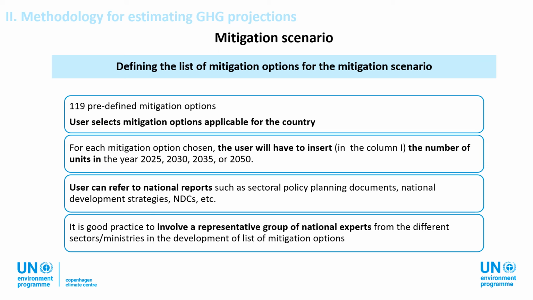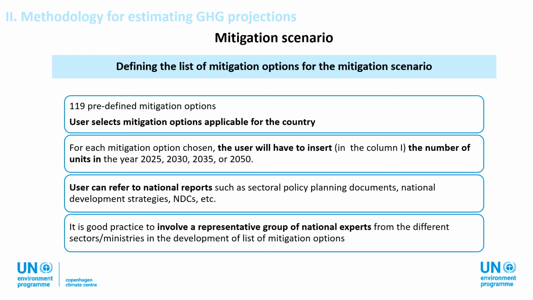Current version of the GACMO tool includes 119 predefined mitigation options, and user can select mitigation options applicable for the country. For each mitigation option chosen, the user will have to insert number of units in the years 2025, 2030, 2035, and 2050.